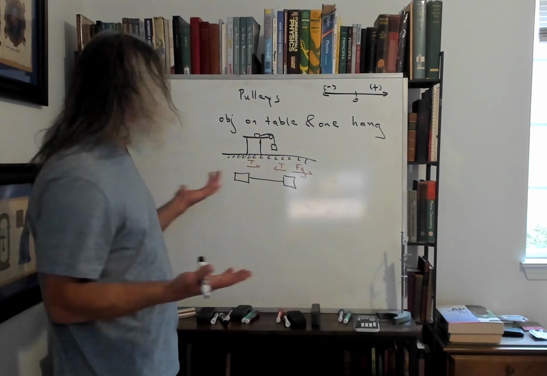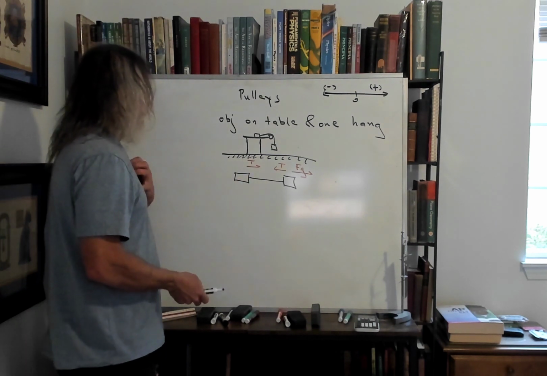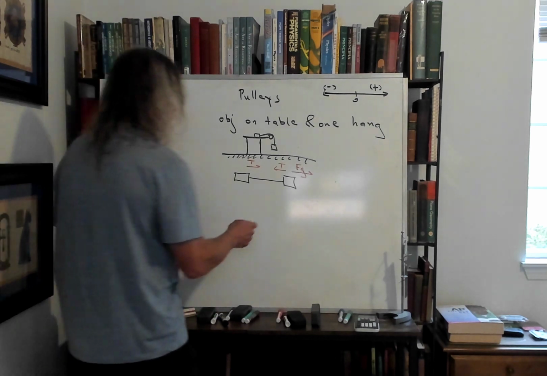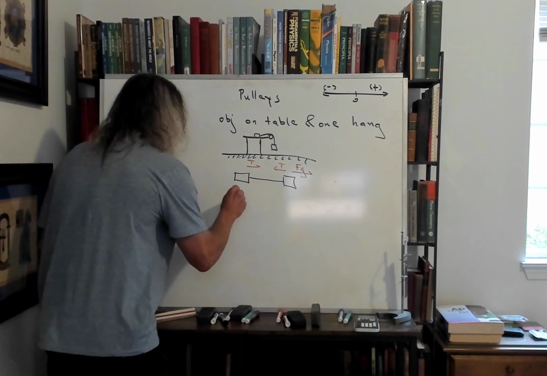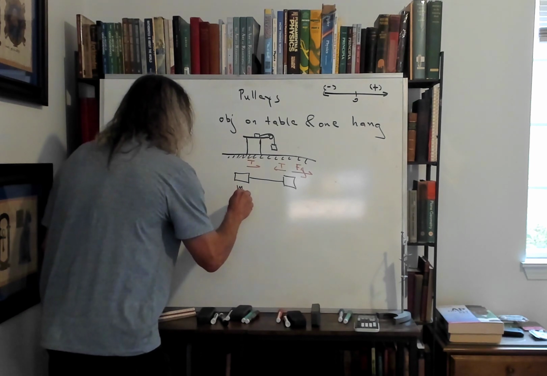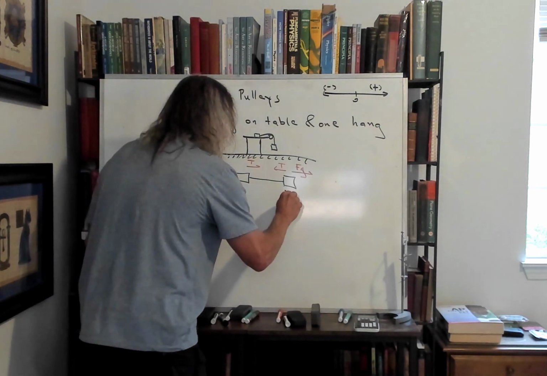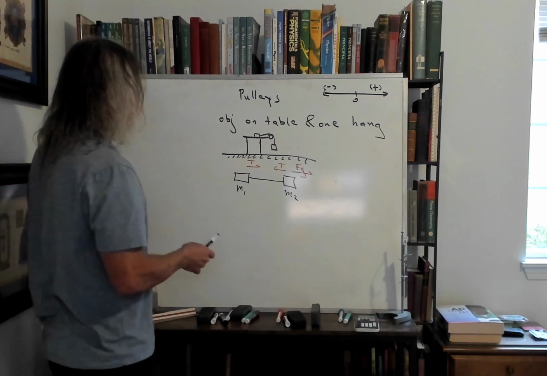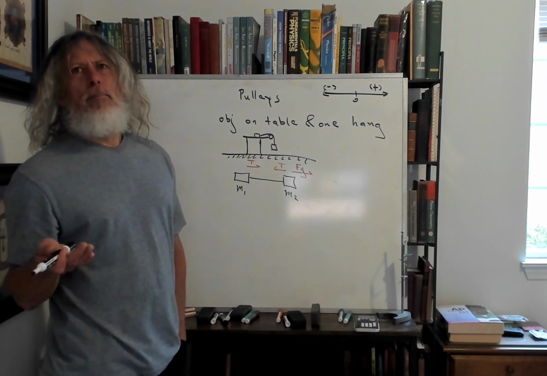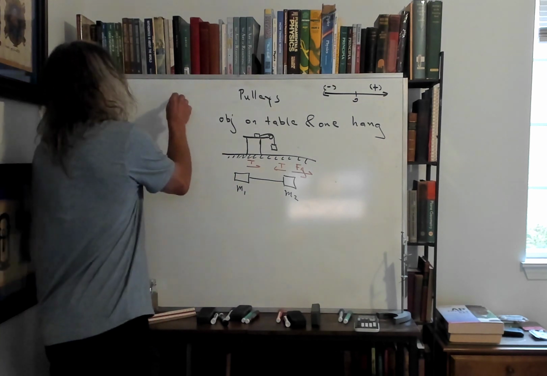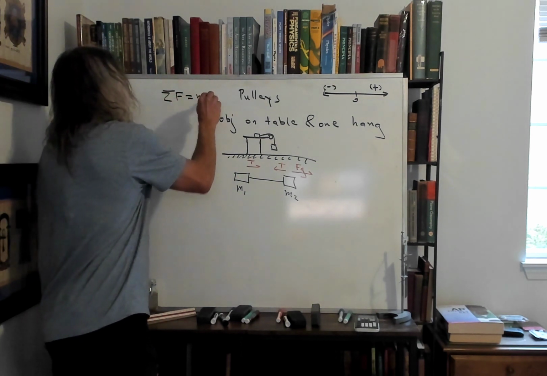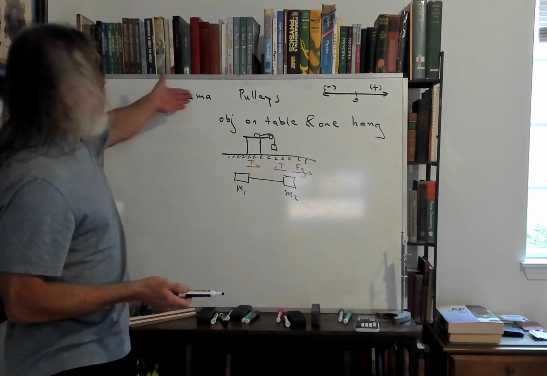Now, Newton's laws. If we call this M sub 1 or capital M, one mass, the second mass, M sub 1, M sub 2, then remember second law, the total force is MA.